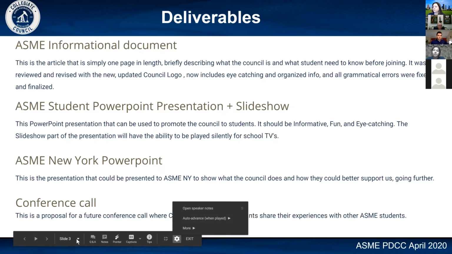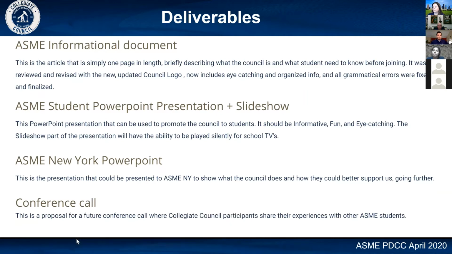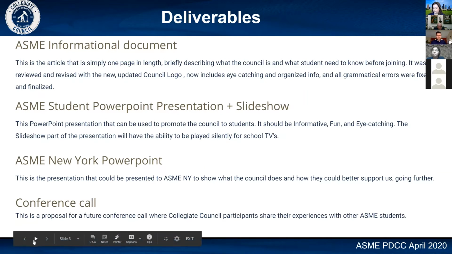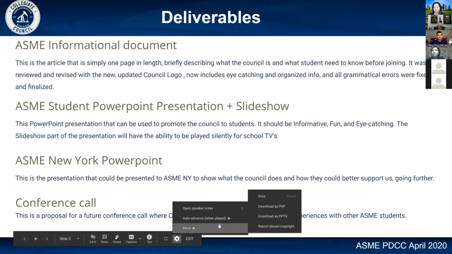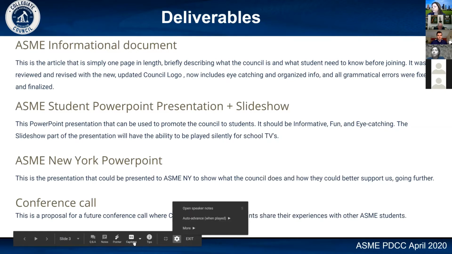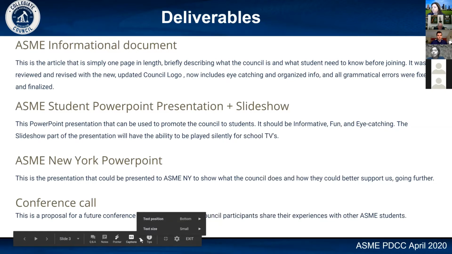As Klajdi mentioned, we have several deliverables, and to give you an overview of those, the first one is the informational documents, which Clayton was responsible for revising existing documents from previous years in order to inform future applicants about the Collegiate Council. The second deliverable was a presentation that is designed for an audience of students and to be presented. There's flexibility on what will be presented depending on who's presenting it.